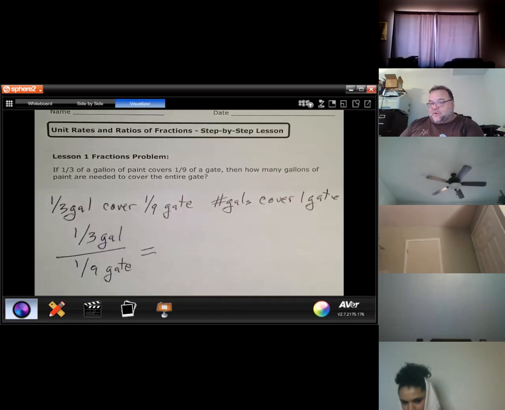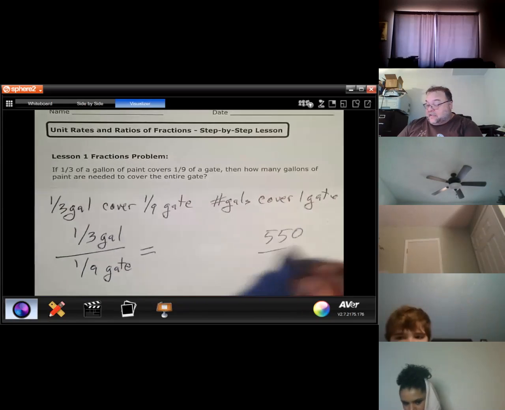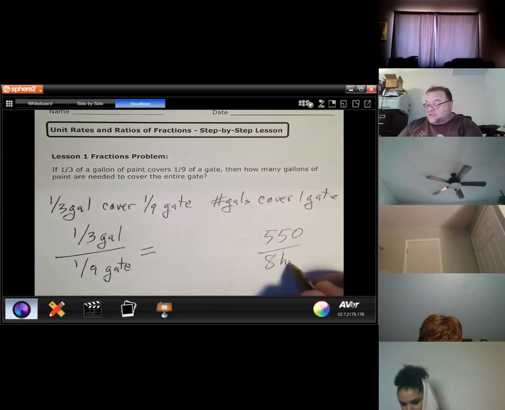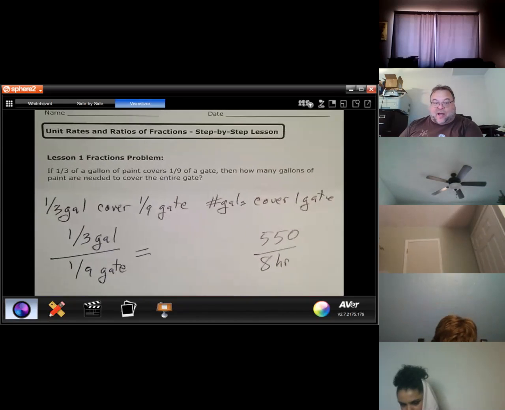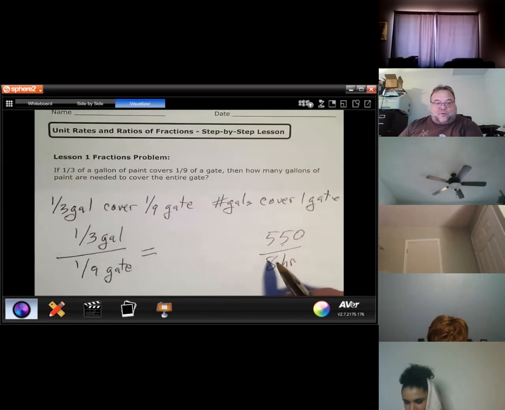You remember working with unit rates last semester? Remember we had unit rates where I said like they drove 550 miles in 8 hours, and we had to figure out how many miles per hour they drove on average, right? So this is a unit rate. So we ended up dividing the top number by 8, and that told us the average of how many miles they drove every hour, right?